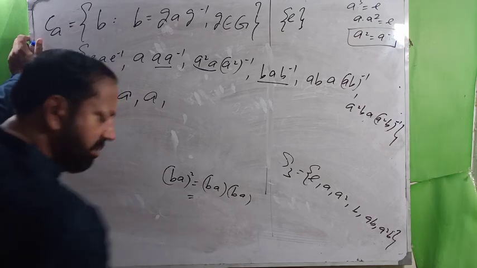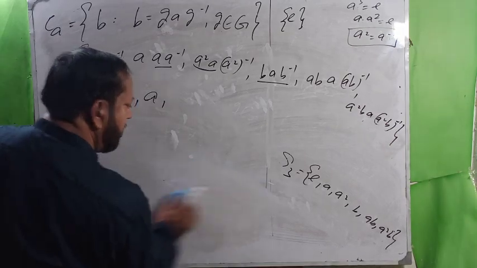This is BAB. Why are we writing this? We should not write this.